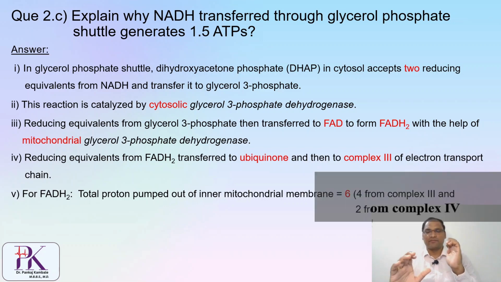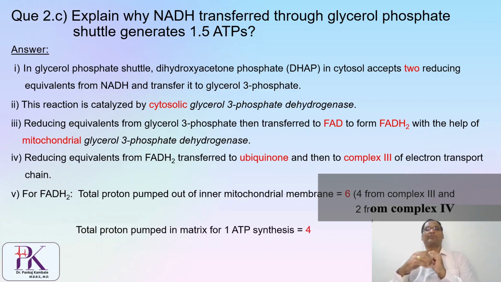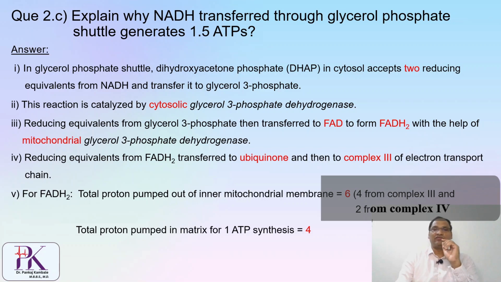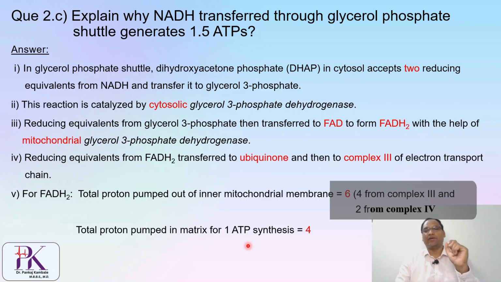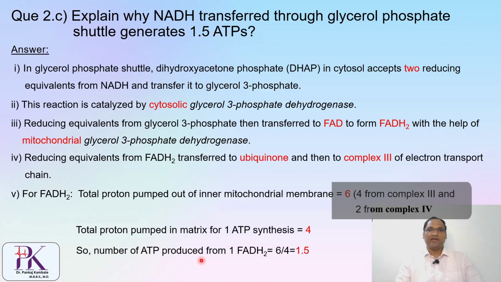For synthesis of 1 ATP, the total proton pump into the matrix is 4. So what is the number of ATP produced from 1 FADH2? That will be 6 by 4, that is 1.5 ATP.